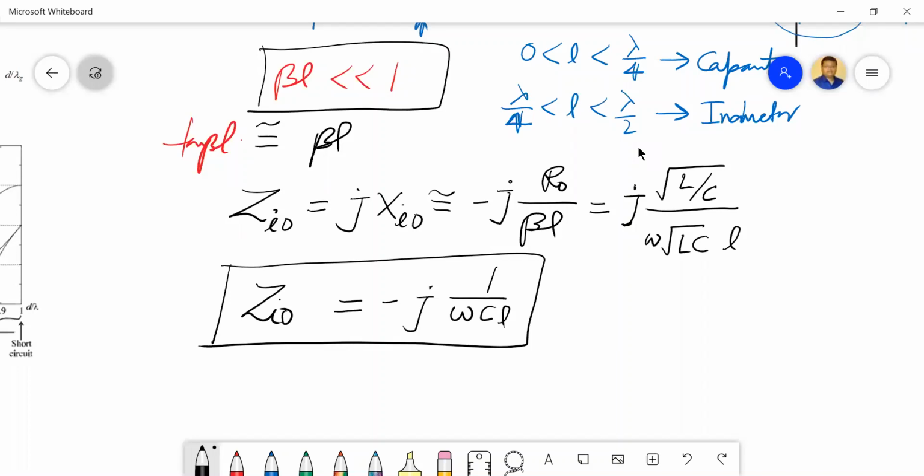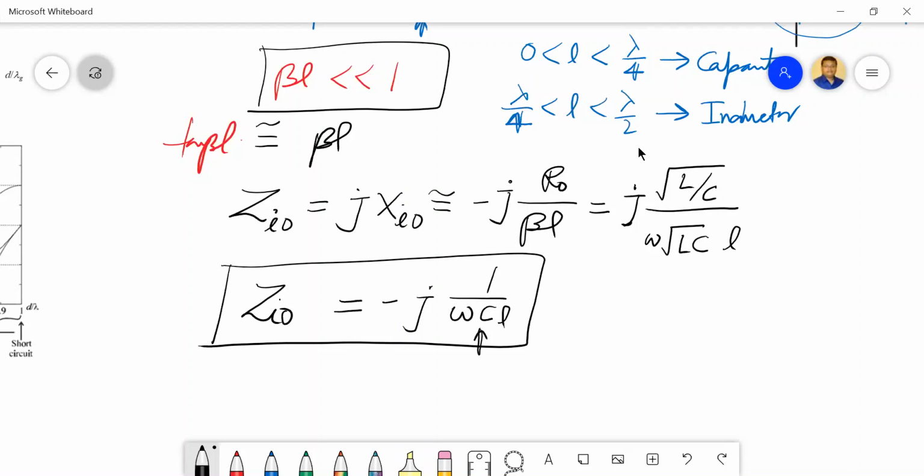It's a very small segment. So a very small segment will fall, meaning we are indirectly talking about a lambda by 4 line. And here you can see the C term is there, and this is what? Capacitance, farad per meter. Fine.